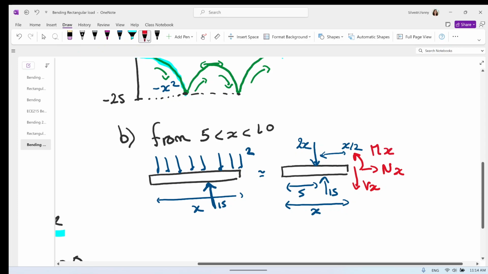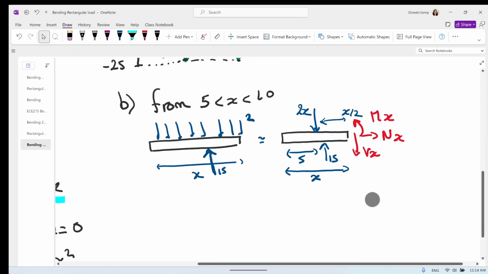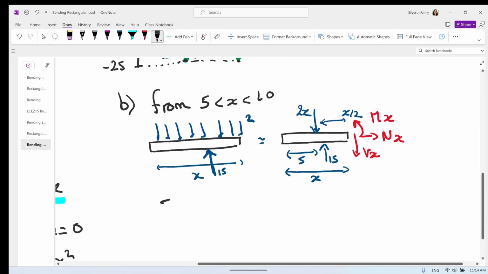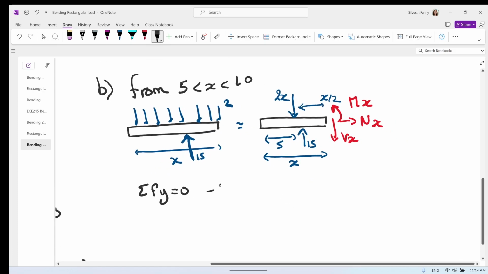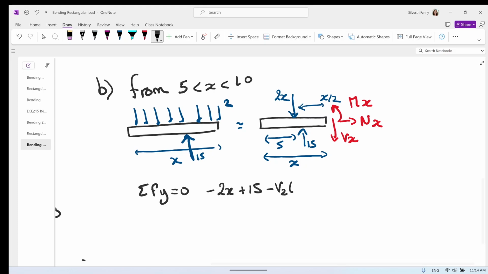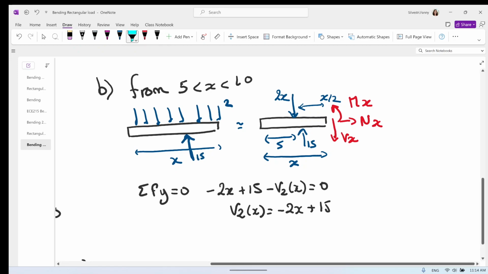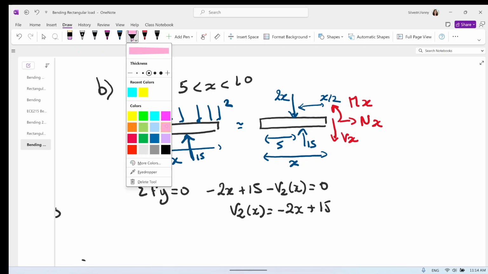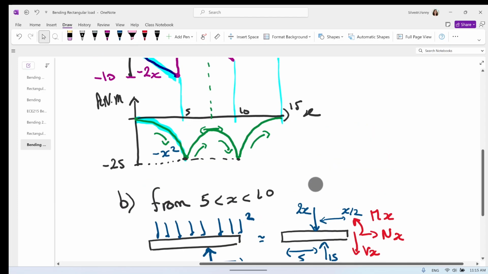Mx. So let's do our equation. Sum of the forces on y equals 0. We have minus 2x plus 15 minus V2 of x equals 0. So we have V2 of x equals minus 2x plus 15. Okay. This equation is V2 of x. This is this one.